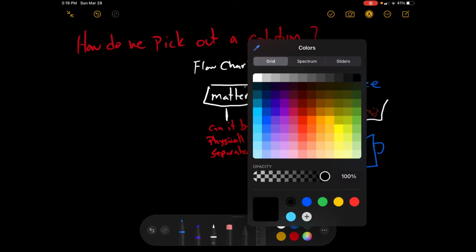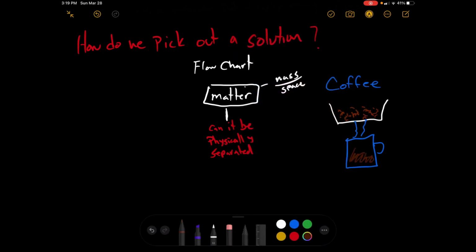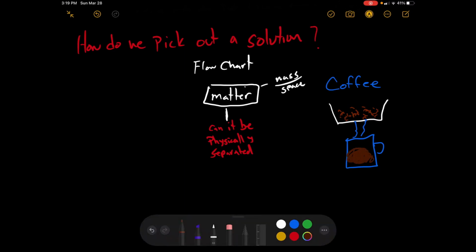Make a cup of coffee, right? And so you can physically separate that stuff. And we'll talk about how to separate solutions in a few. But we ask ourselves, number one, can it be physically separated? And if the answer is yes, then we are on track to discover our solution.